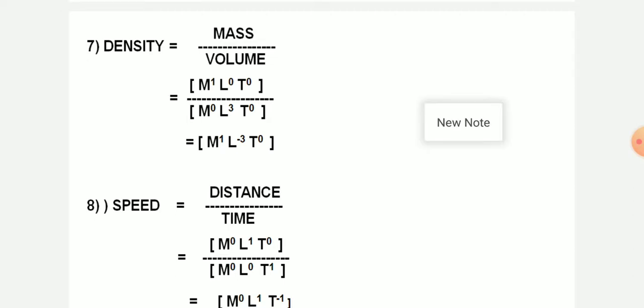When this L raised to power 3 goes to the numerator, the power will be minus 3. So L raised to power 0 minus 3 will be minus 3, and t raised to power 0 has no change. So the final dimension will be m1, L minus 3, t0. This is the dimension of density.